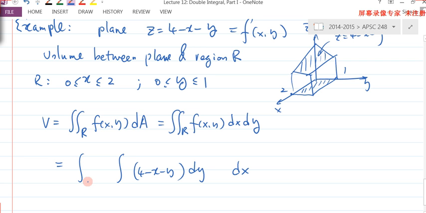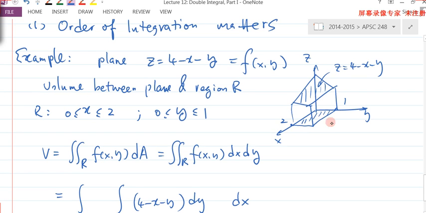Because this is the simplest case here, when you're integrating with respect to y, like the loaf of bread, which means what? You're going to cut that object using a plane parallel to which one? To the zy plane, right? If you cut it parallel to that zy plane, it doesn't matter where you cut it.